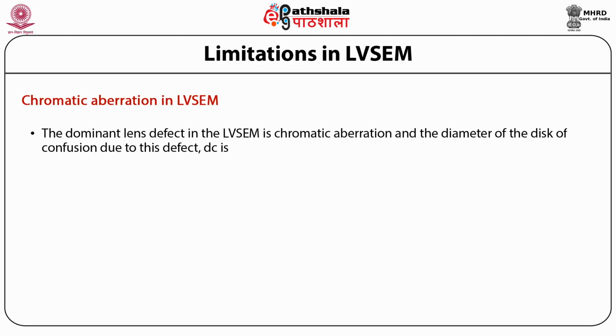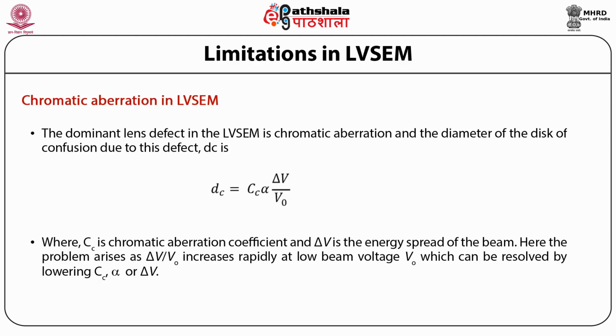The diameter of the disk of confusion due to this defect, DC, is formulated as DC equal to Cc alpha delta V by V0, where Cc is the chromatic aberration coefficient and delta V is the energy spread of the beam.